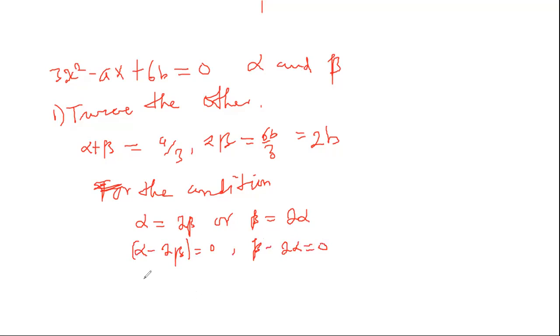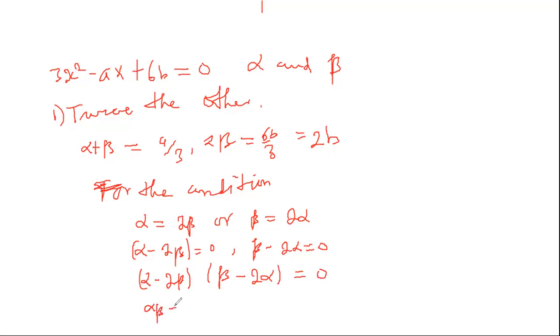relating the two. So we say alpha minus 2 beta multiplied by beta minus 2 alpha, then we put this equal to 0. After that, we simply open the brackets. Alpha times beta gives alpha beta.